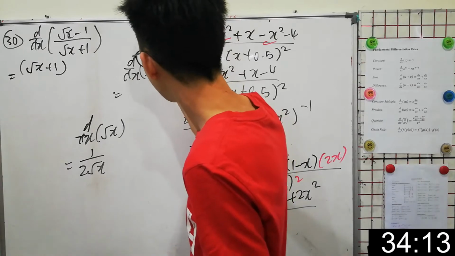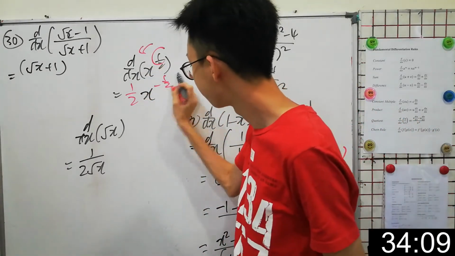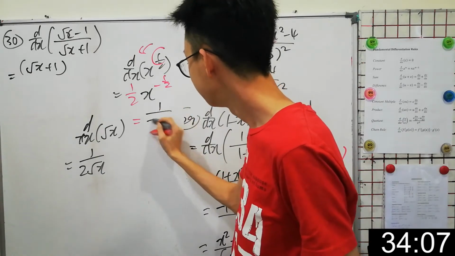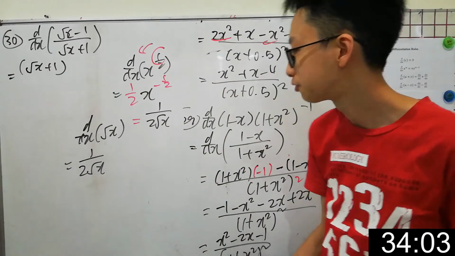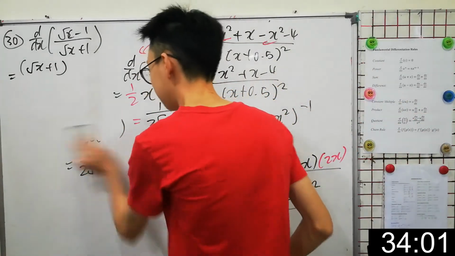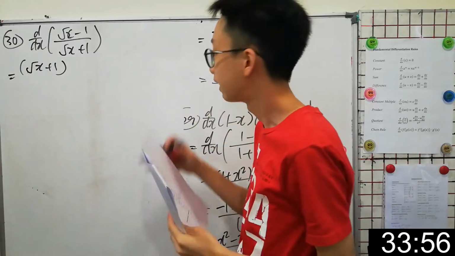So you bring down the power, it should be a half x to the half minus 1, which is negative half. So this is actually 1 over 2, because it's negative, then you just bring it down. So it's 1 over 2 square root x. This is where we can use this shortcut here.